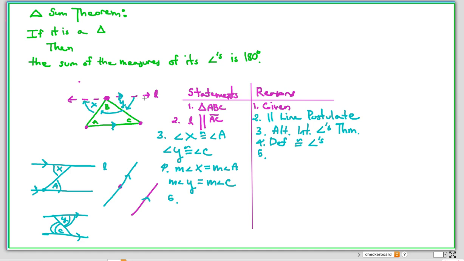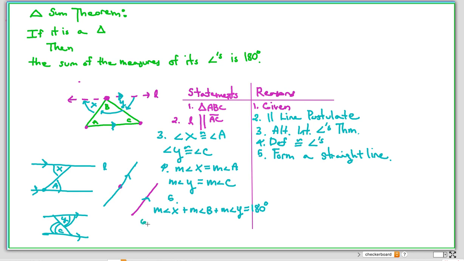If I go through all of them, I have this straight line L. So that means that the sum of these angles, measure of X plus measure of B plus measure of Y, has to equal 180 degrees, because they form that straight line L. We'll just say these angles together form a straight line.